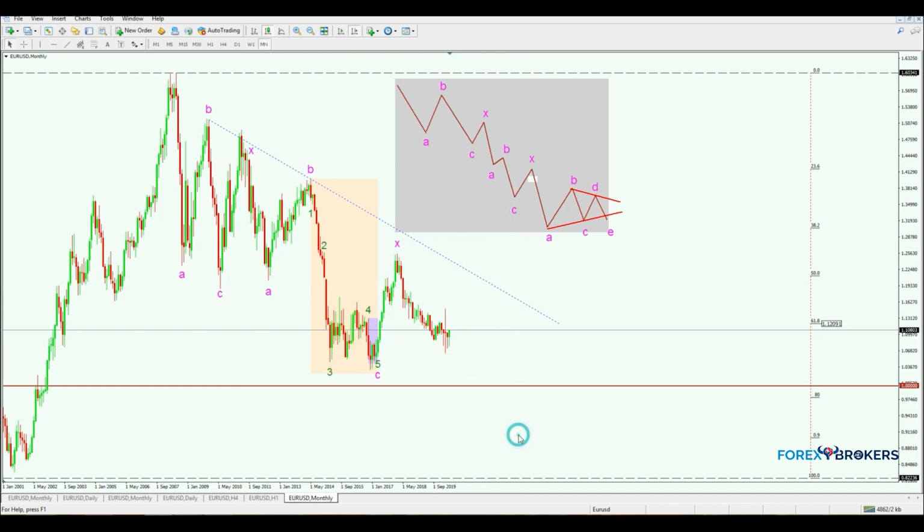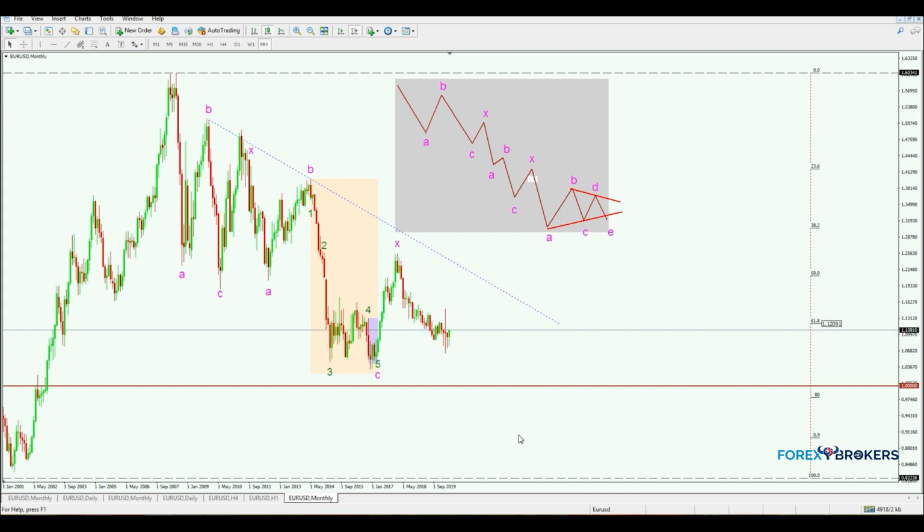Whatever you see here on this video is not a recommendation, by no means. It is only an idea derived by a pattern that seems to work on the monthly chart, but the same principles can be applied on the hourly chart, on the 4-hour chart, on the daily chart, on any currency pair, not only on the euro US dollar, on any market, as a matter of fact.